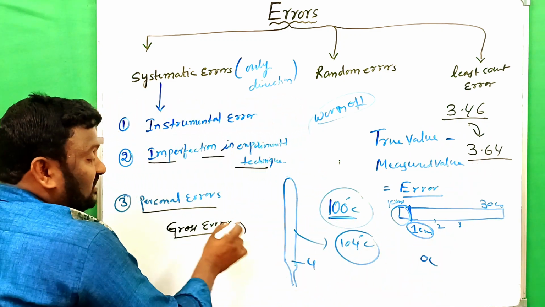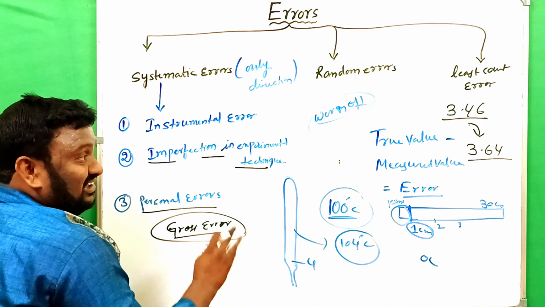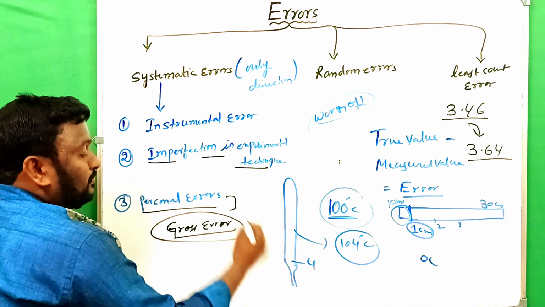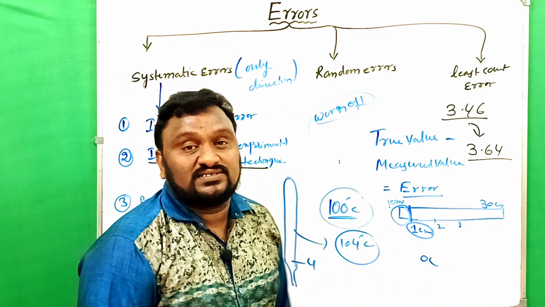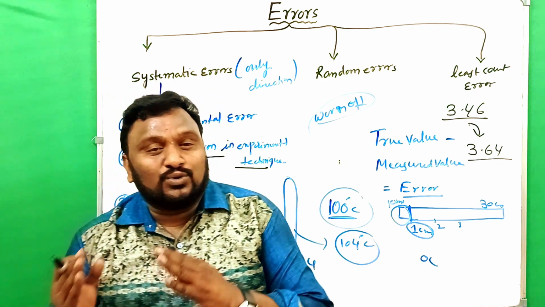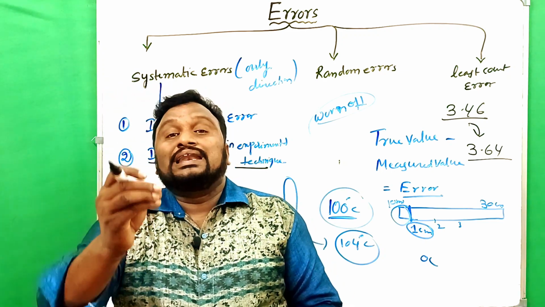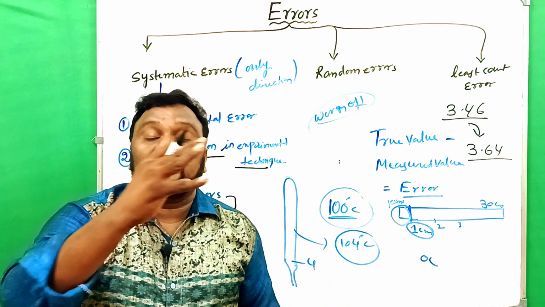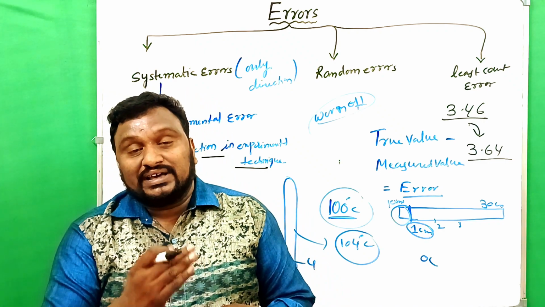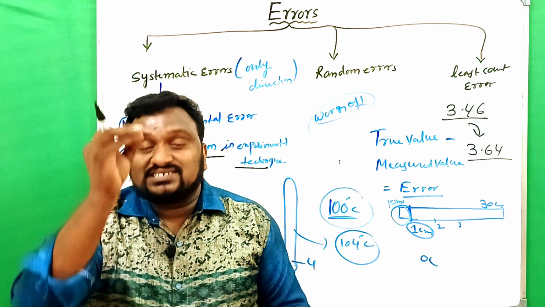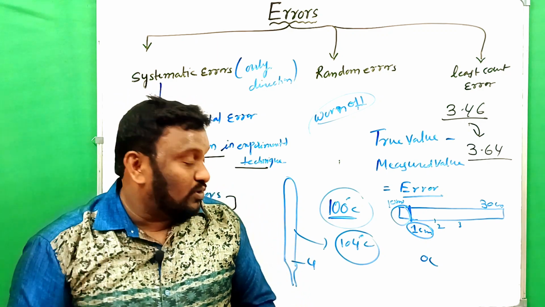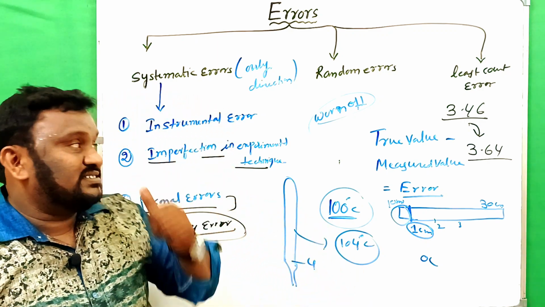So that type of error is called gross error. Those also come under the personal errors. So personal errors are only because of negligence and carelessness of the observer. An error because of carelessness or negligence of the observer is what we call personal errors.